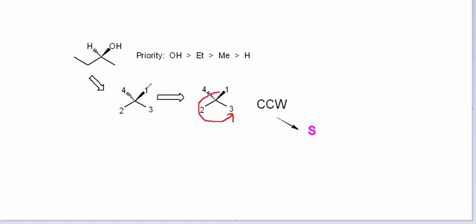Look at the direction that you're moving in. In this case, it's counterclockwise, and that means that it has a configuration of S. So the configuration of our chirality center in our alcohol molecule is S.